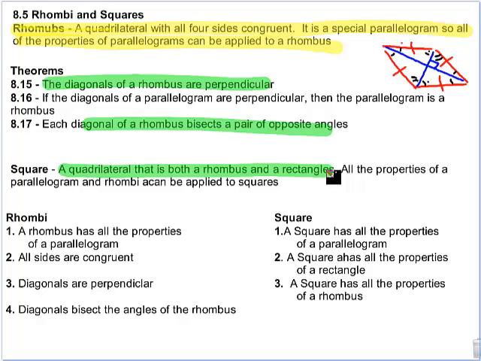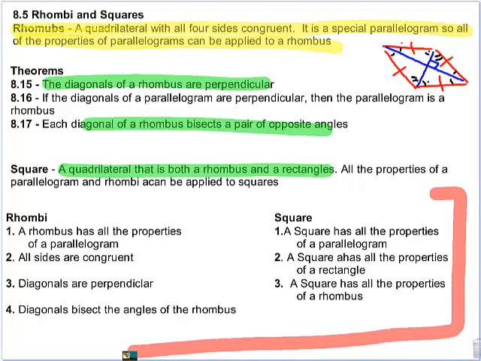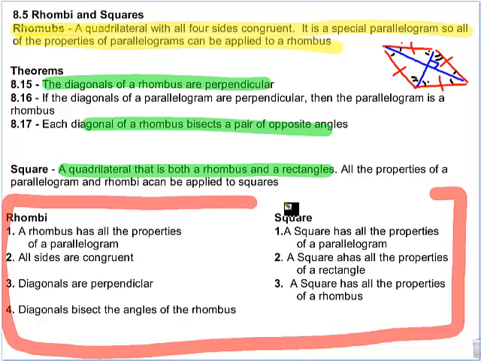Okay, so this down here just highlights the different information about it. So a rhombi, it has all the properties of a parallelogram. So does a square. For a rhombi, all sides are congruent. A square also has all sides congruent.